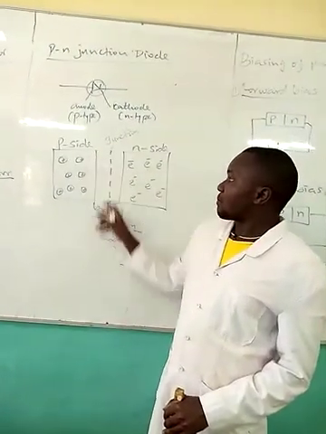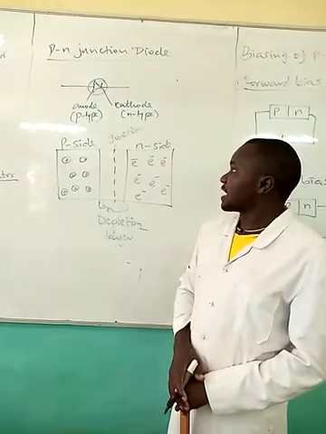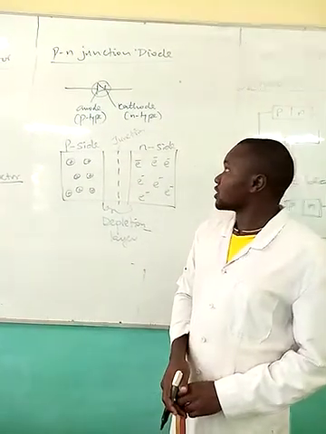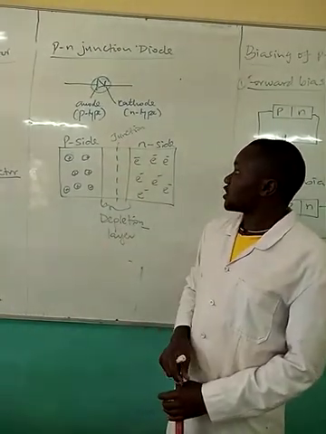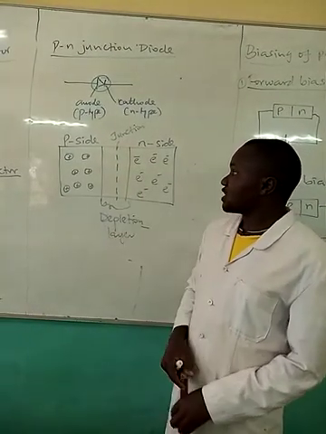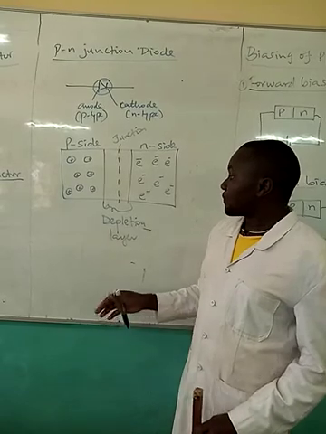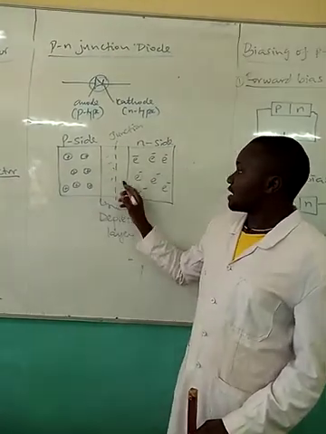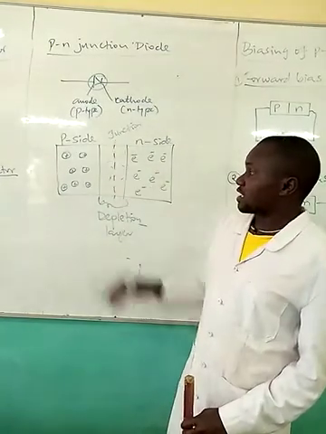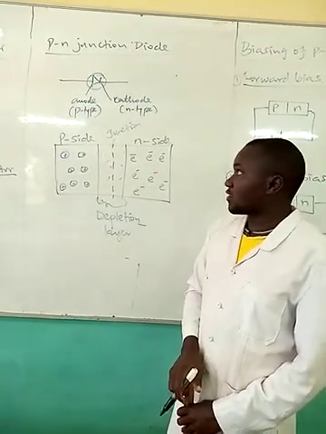The section that divides the P side and the N side, we call the junction. So when the P side and the N side are joined together like that, they form what we call the PN junction diode, with the depletion layer as the region towards the P side and towards the N side, and the junction, the middle part of it.